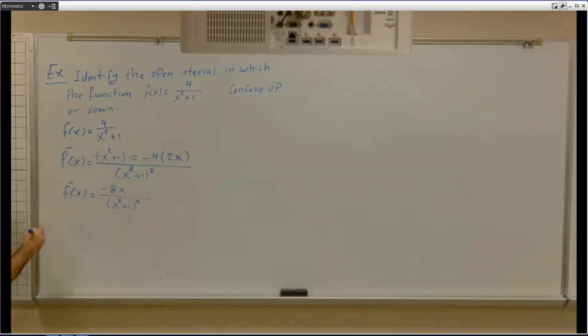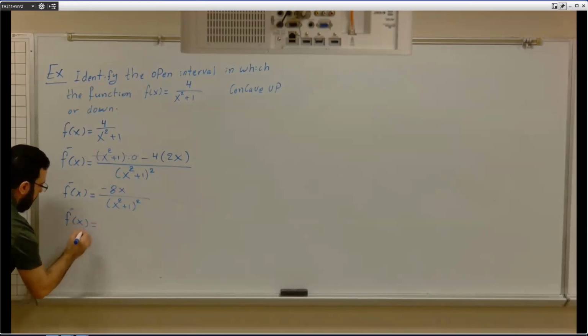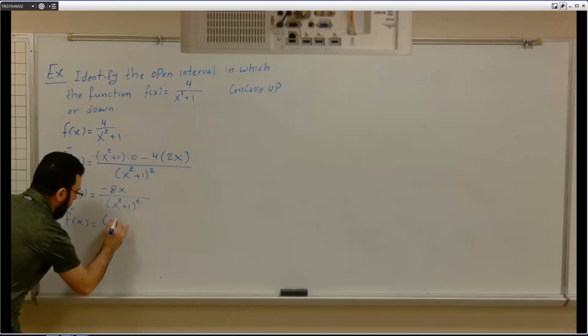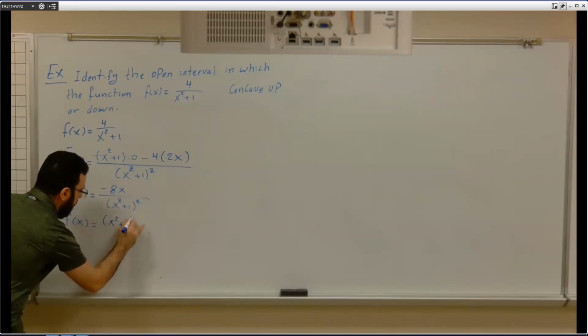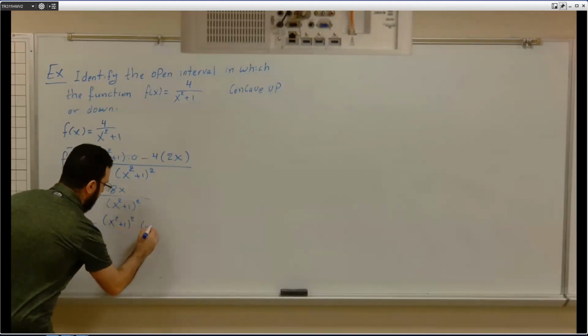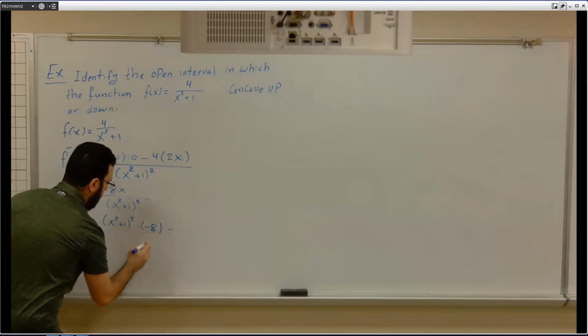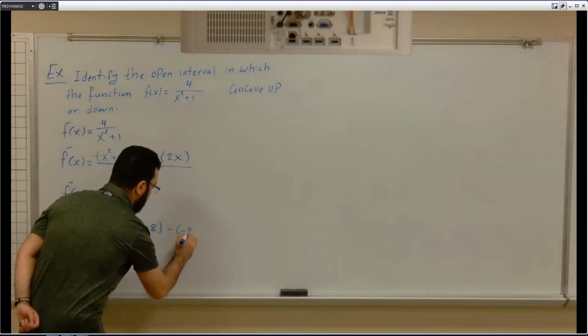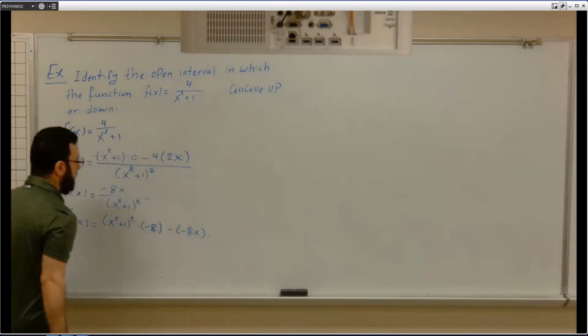So the second derivative is going to be the bottom part, which is x squared plus 1 squared, times the derivative of the top part, which is negative 8, minus the top part, which is negative 8x, times the derivative of the bottom part.